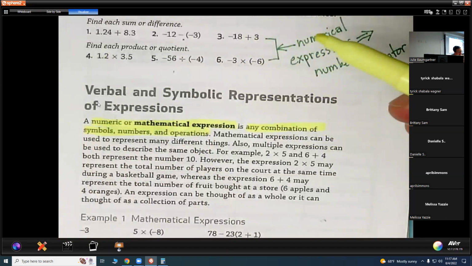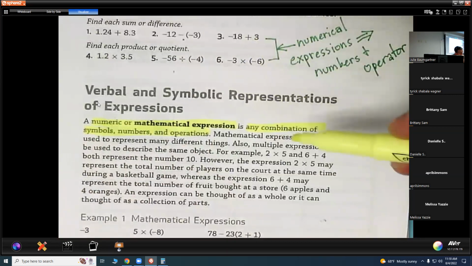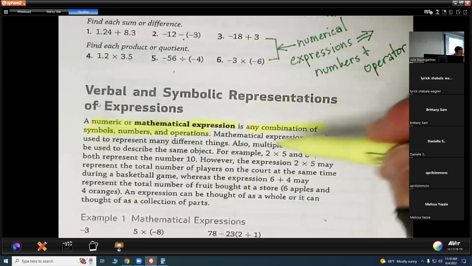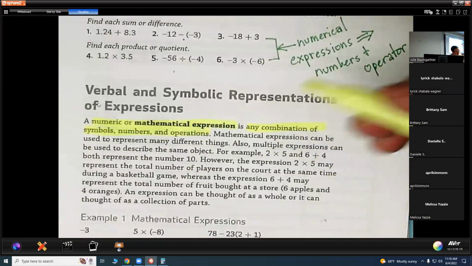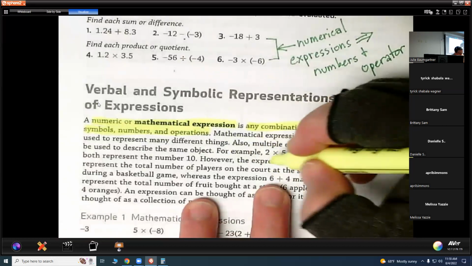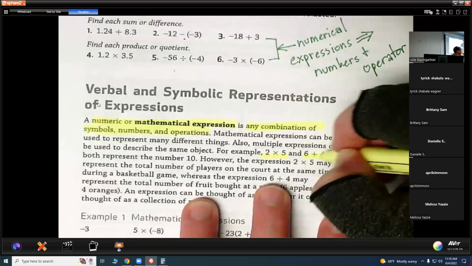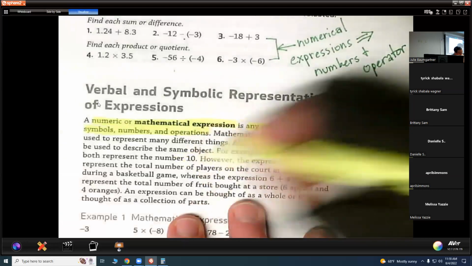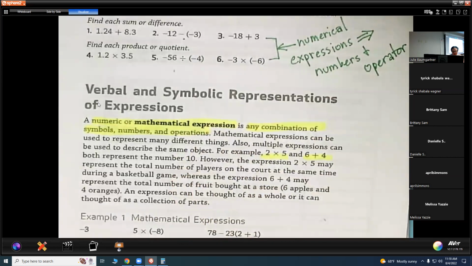Mathematical expressions can be used to represent many different things. Multiple expressions can be used to describe the same object. So of course we know that 5 times 2 and 6 plus 4 have the same outcome when we simplify those expressions.